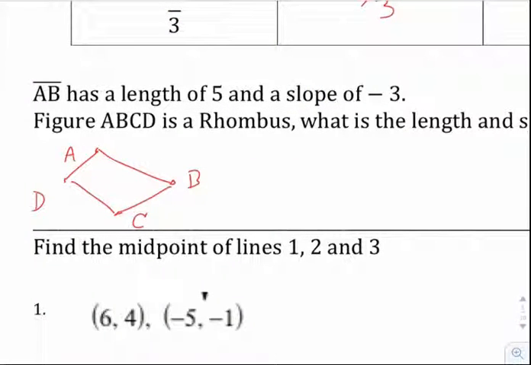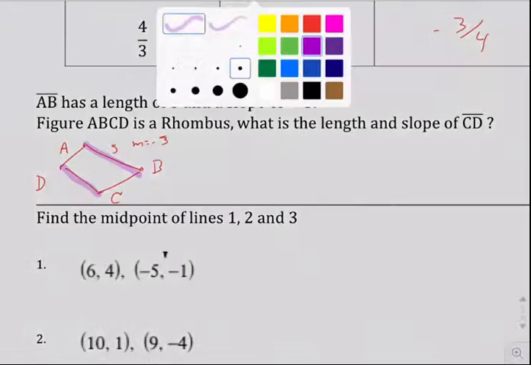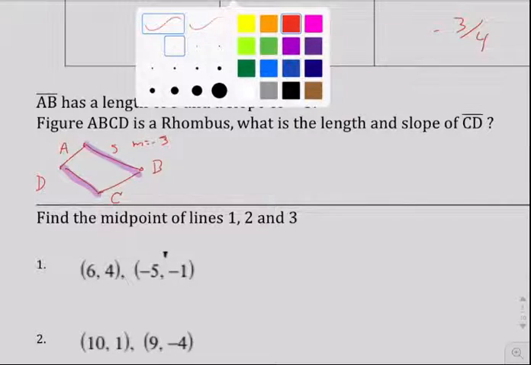So this says it has a length of 5, we're talking about AB here, and a slope of negative 3. So that's 5, and then m equals negative 3. If it's a rhombus, what's the length and slope of CD? And so now that I drew my picture, I know that we're talking about this part. And so that tells me a couple really important pieces of information.